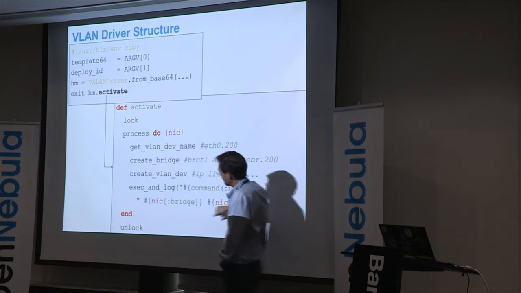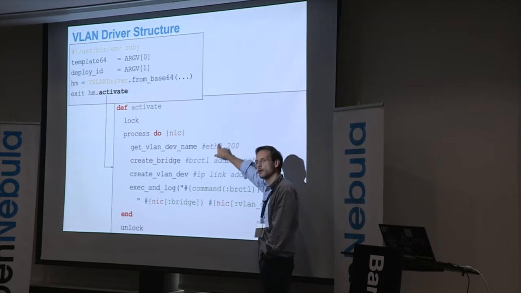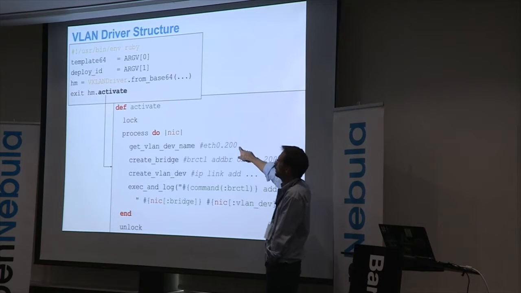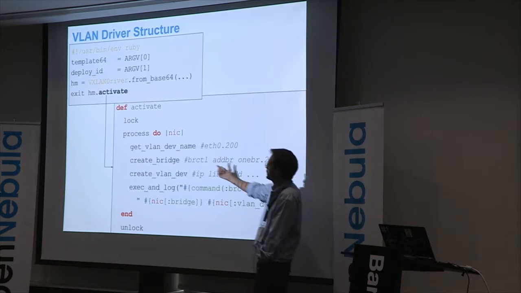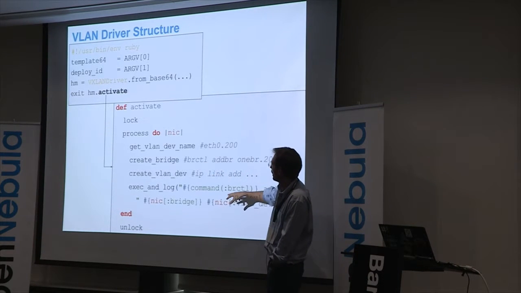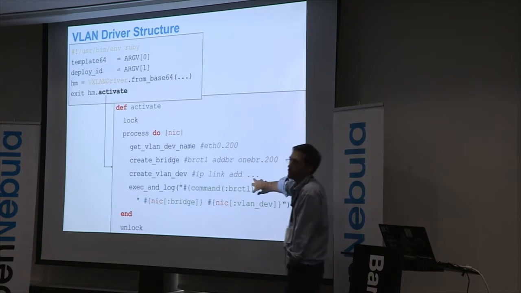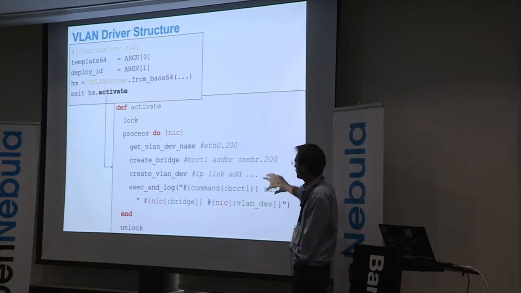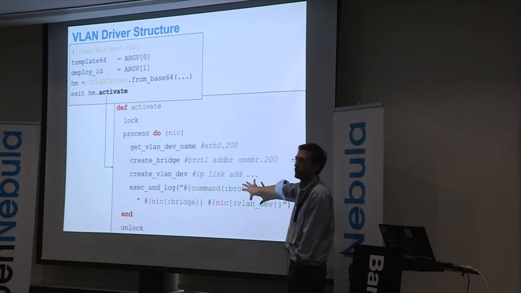And this is the code for the driver. In this case, you generate the VLAN name or the VM interface name. You create a bridge, which basically is this command. You create the tag interface, which basically is a new ip link add command. And then you attach the tagged interface to the bridge you have created.